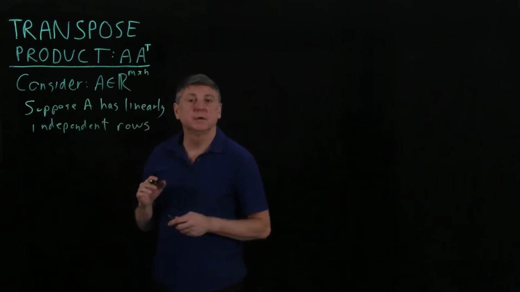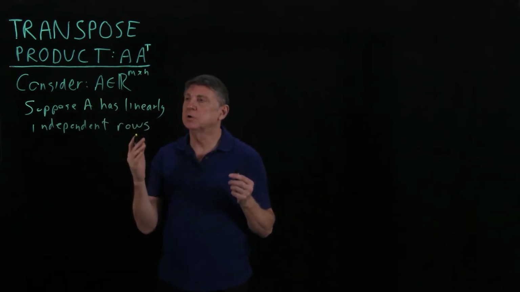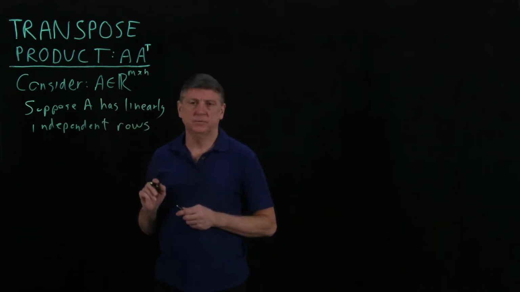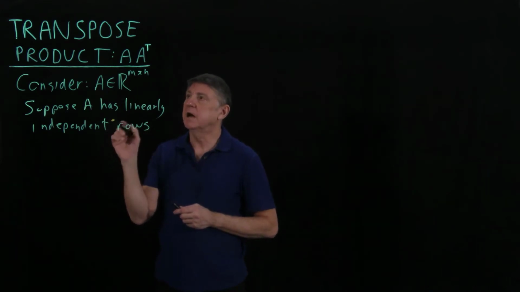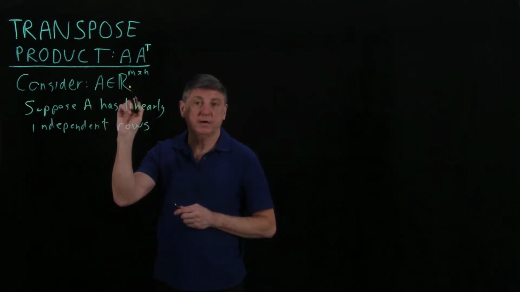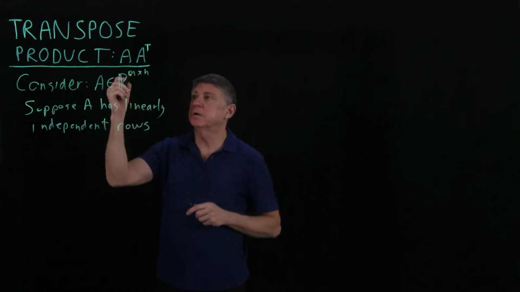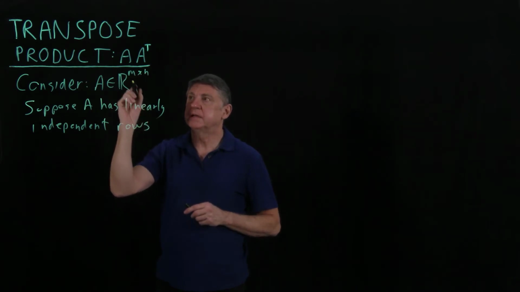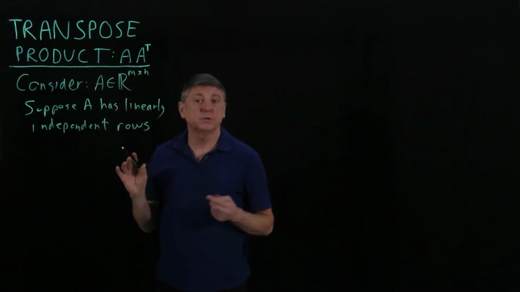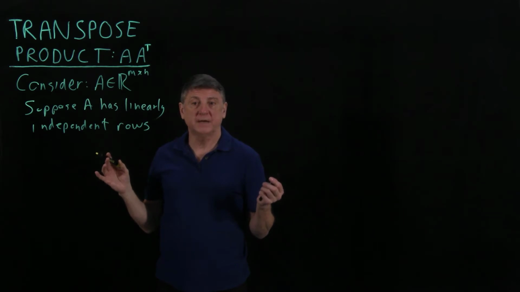Previously we considered linearly independent columns. Now we have linearly independent rows. From this statement, I know that A is either square or what we call a short wide matrix, where it has more columns than it has rows. And here it will also be full rank.